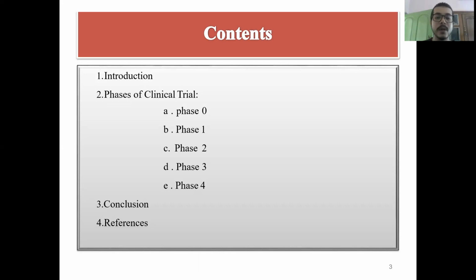We'll be focusing on the phases of clinical trial basically, and with that we will also get to know what basically happens in each and every clinical trial.